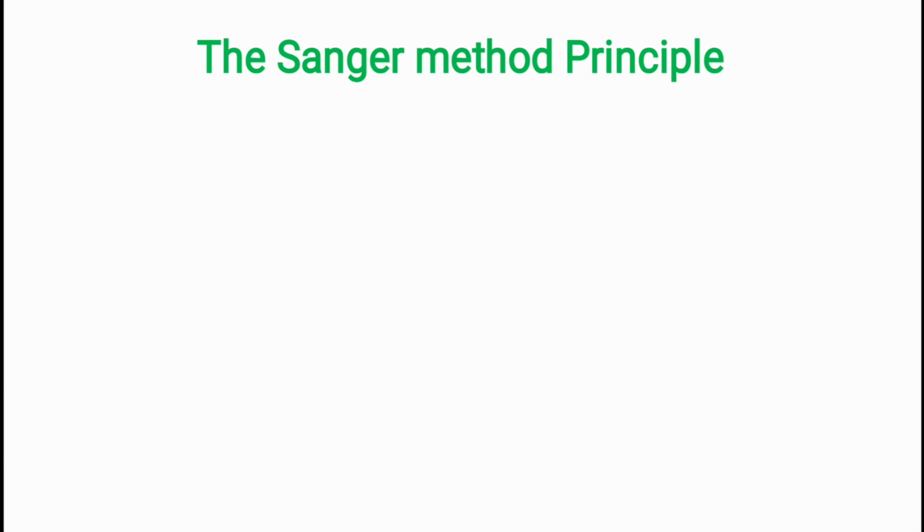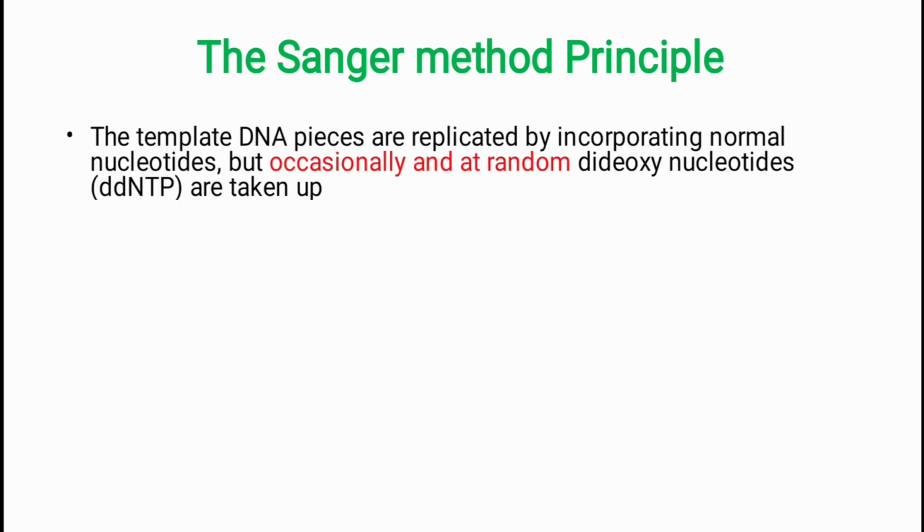So now we will see the principle of the Sanger method. The template DNA pieces are replicated by incorporating the normal nucleotides, but occasionally at random sites dideoxynucleotides are taken up. During normal DNA replication, the DNA is separated into single strands, and the primase produces the primers and performs the chain elongation.